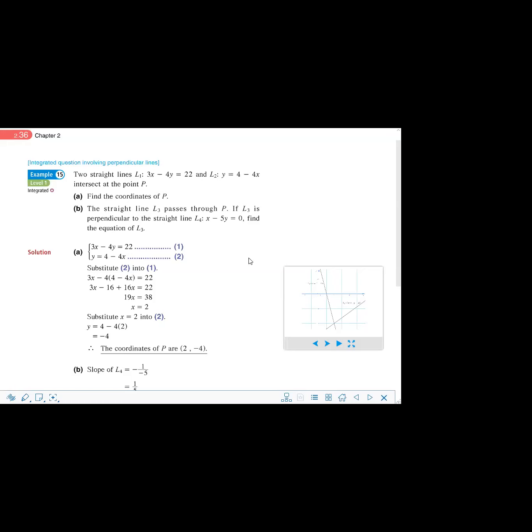Whenever we want to find the coordinates of the intersection points, then we are going to put the equations to be equation 1, equation 2, and then we will solve the simultaneous equations by using the method of substitution or method of elimination we have learned in Form 2. All right? It is always like this, okay?